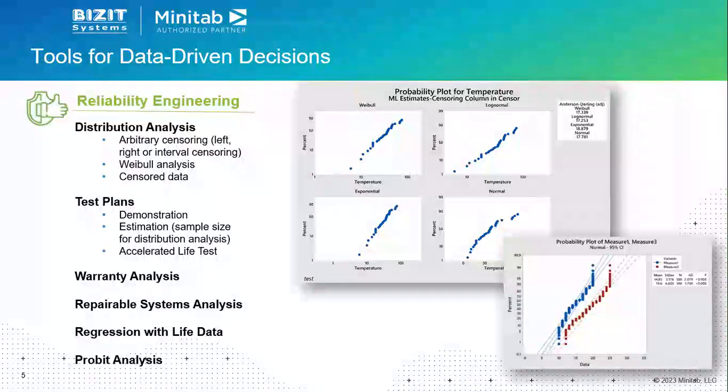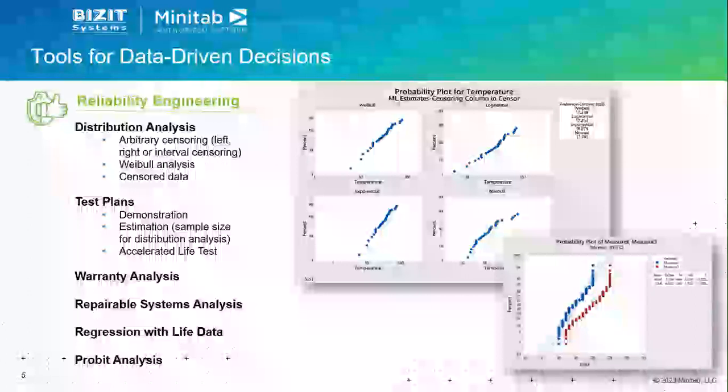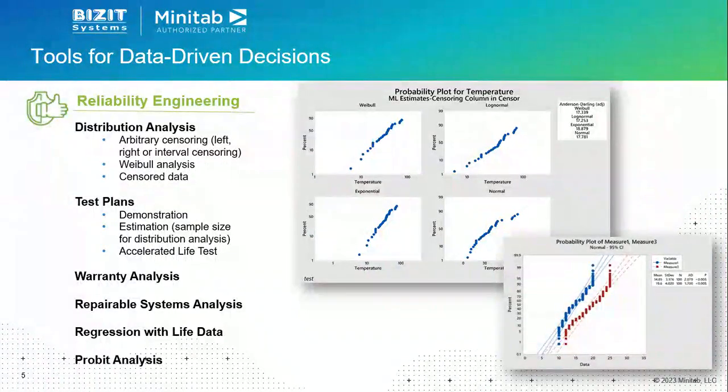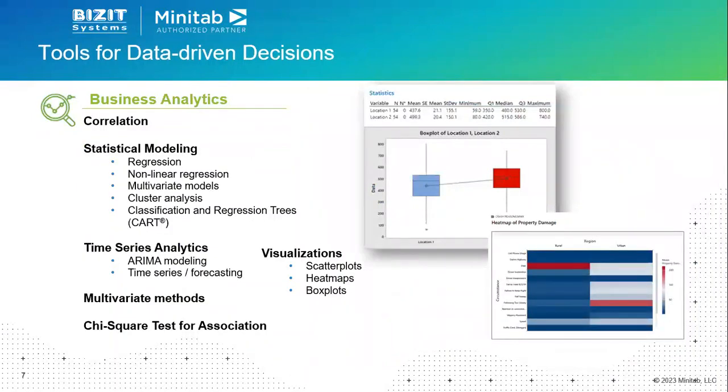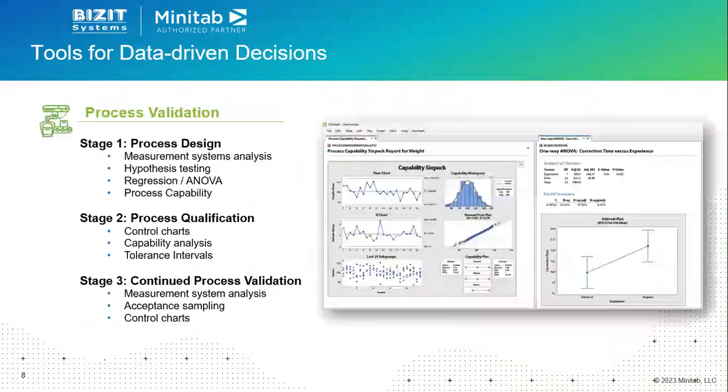We have screening designs, full factorial designs, mixture designs, RSM, and then we also have business analytics, with correlation, which I will touch on today. And then we have statistical modeling, so one of them is regression. We have MARS, and then we also have process validation.